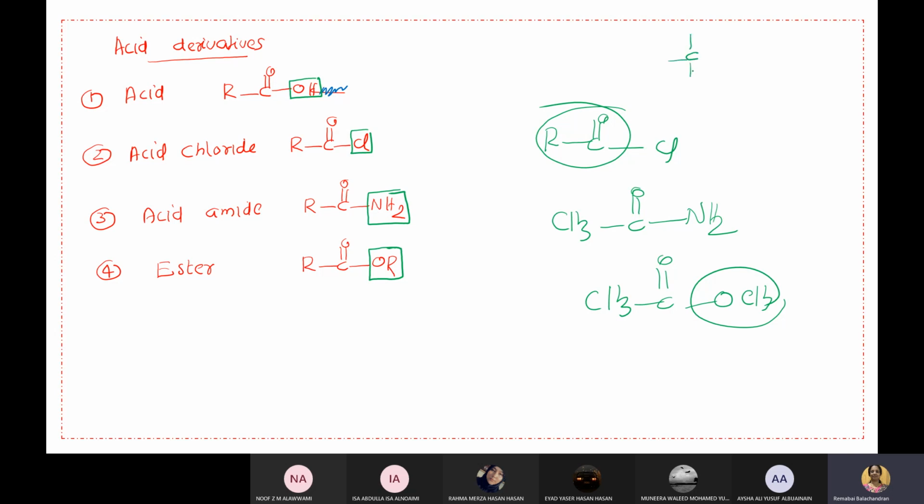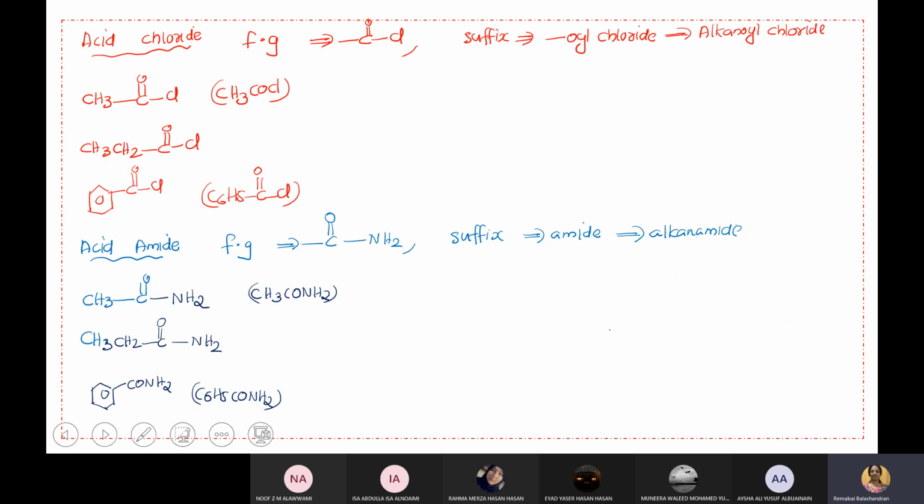Ketone means it's like this. This is a ketone, so don't mix this with the other things. Here in this case, CO is attached to carbon on one side, but it's not attached to carbon on the other side. So it's not a ketone. Similarly, CO is attached to carbon on this side, and here it's NH2, so it's not a ketone. They are all acid derivatives.